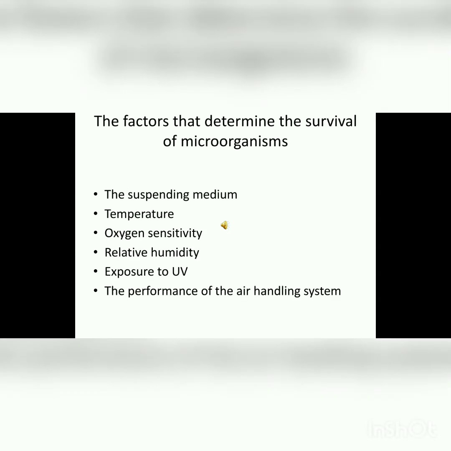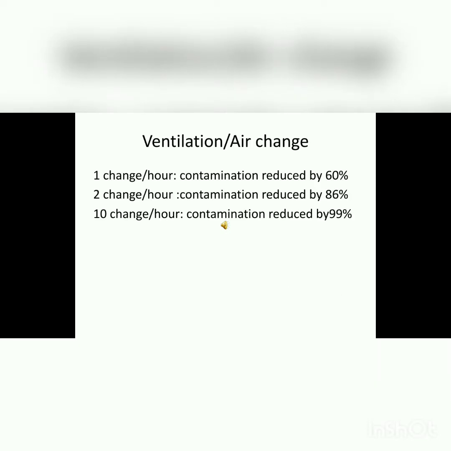When we check the quality of the air in a room, the survival of microorganisms depends upon suspending media, temperature, oxygen sensitivity, relative humidity, exposure to UV, and the air handling system, including HEPA filters, which perform air handling.